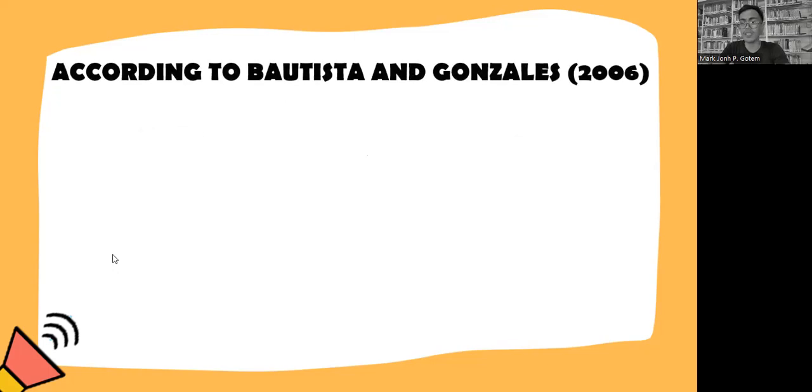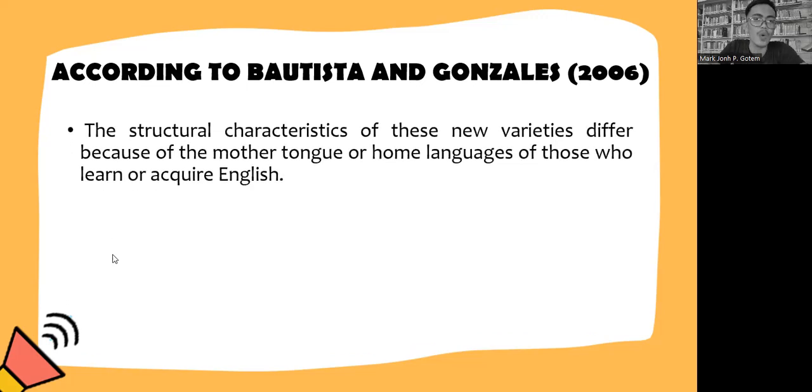Let's see how these varieties of English within the same speech community differ from each other. According to Bautista and Gonzalez, 2006, the structural characteristics of these new varieties differ because of the mother tongue or home languages of those who learn or acquire English.